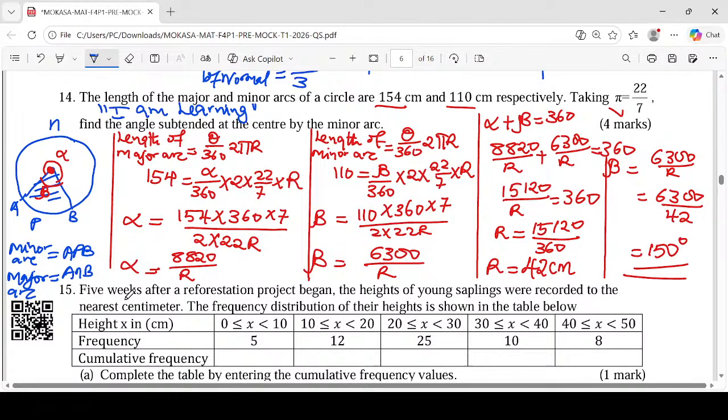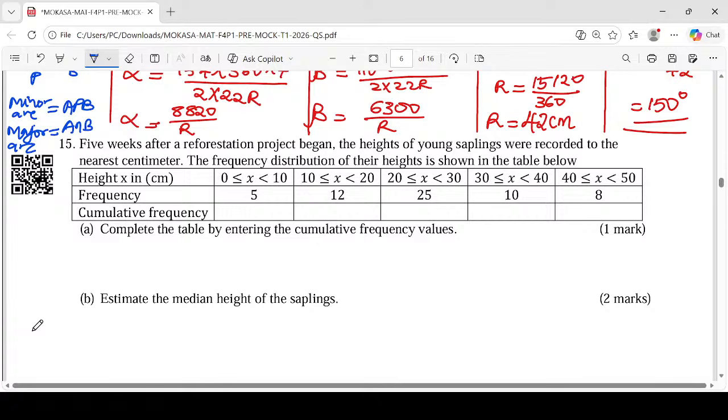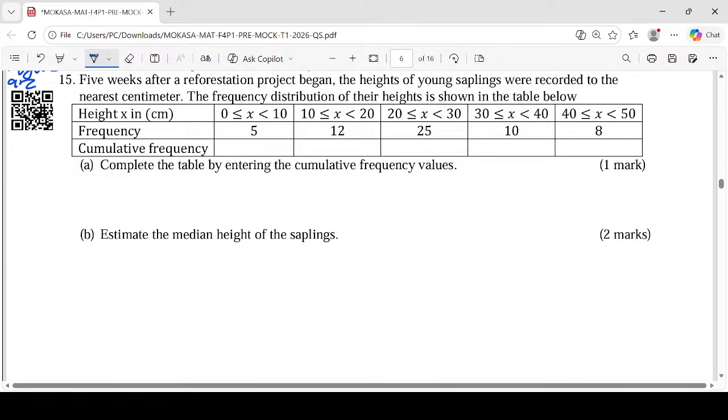Let us have a look at question number 15, ladies and gentlemen. 5 weeks after a reforestation project began, the heights of young saplings were recorded to the nearest centimeter. The frequency distribution of their heights is shown in the table below: 0 to 10, 10 to 20, 20 to 30, 30 to 40, like that.